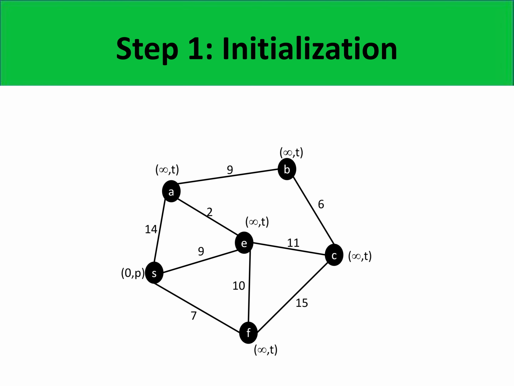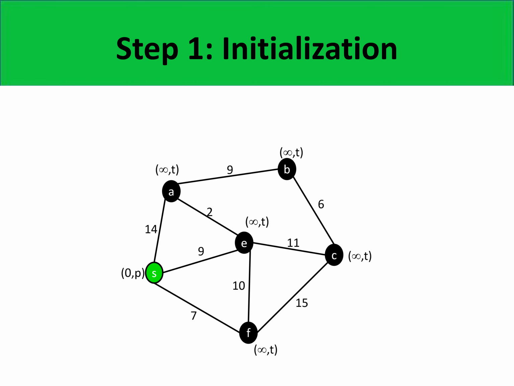Next, we label all the other vertices by infinity, T. The infinity is used because later on in the algorithm, if a distance value will be compared to infinity, that distance value will always be less than infinity. And then the status label is T, which means temporary. It is because we can still find a shorter distance compared to infinity.